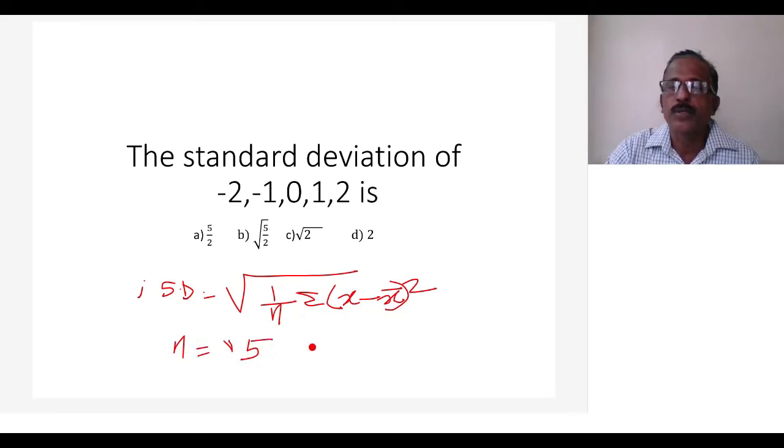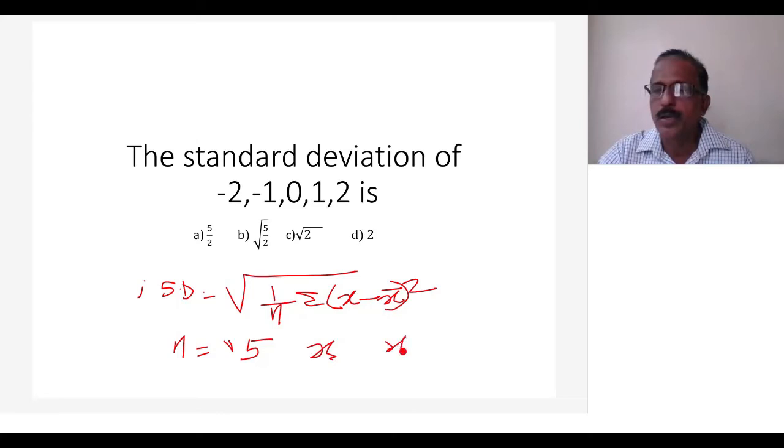Then x bar is equal to sigma x by n. Sigma x means the total of the observations.